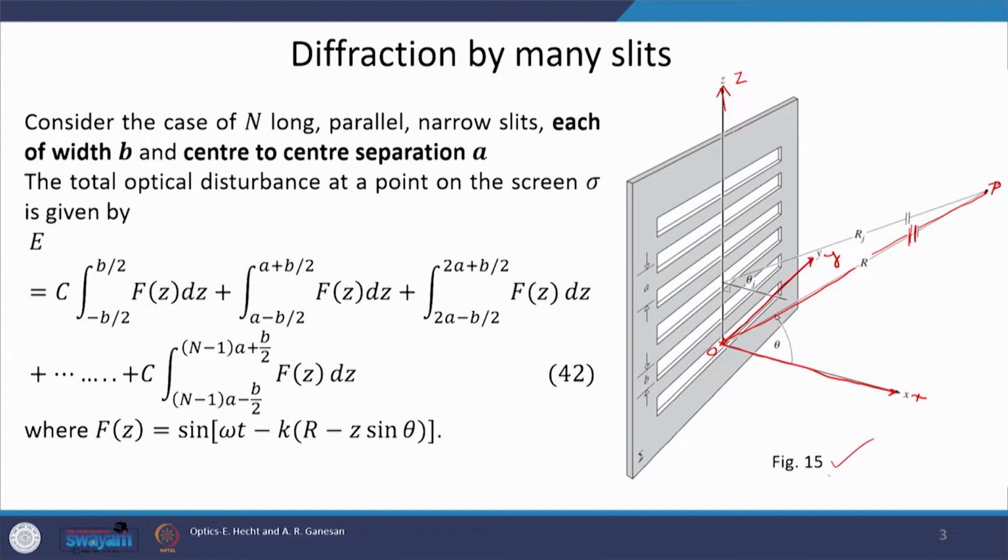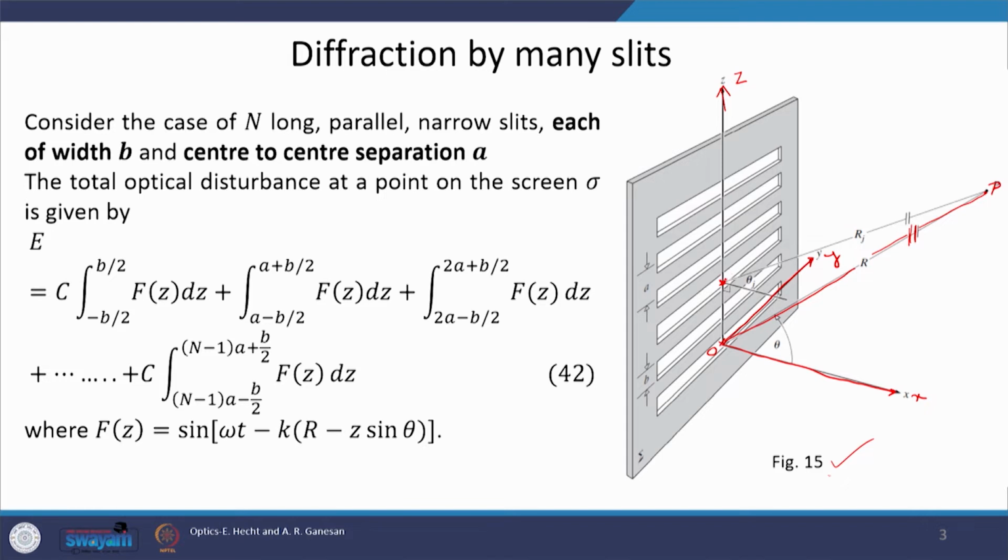Now since we are talking about many slits or multiple slits, we assume that there are capital N number of such slits, and for any jth slit, suppose we pick some random slit and assign it a number j.